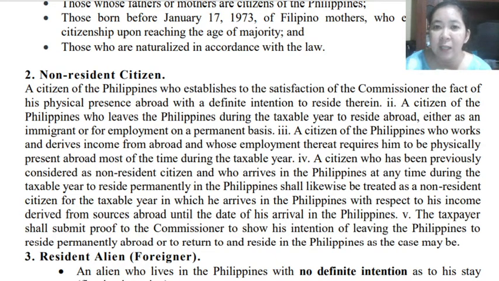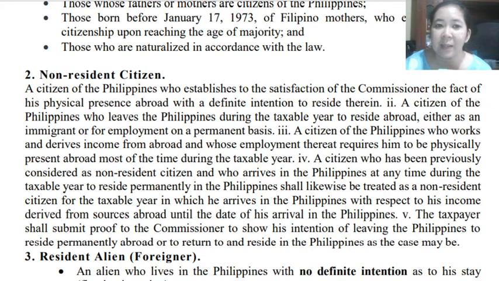Meaning, you are a Filipino citizen, but it is by choice probably that you want to reside in other countries, but for a definite period only, and probably after a period of time you want to go back here in our country.